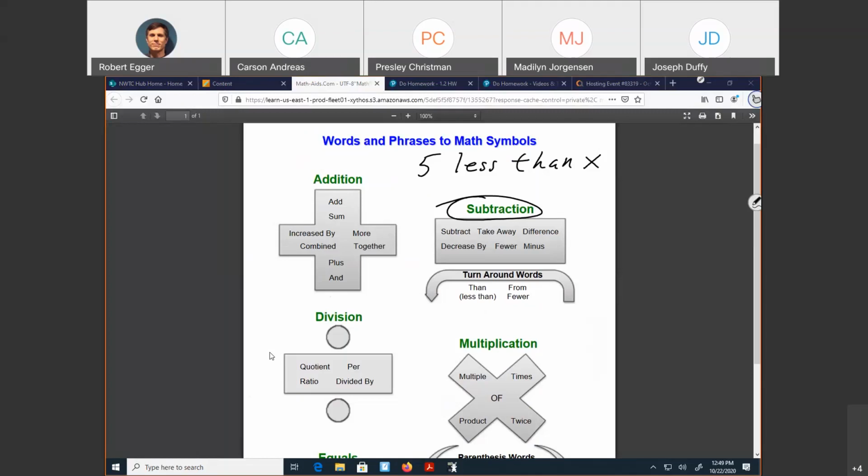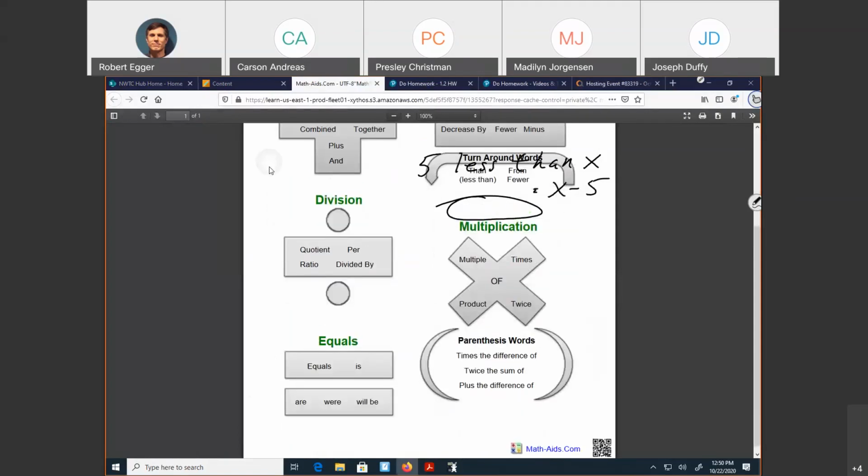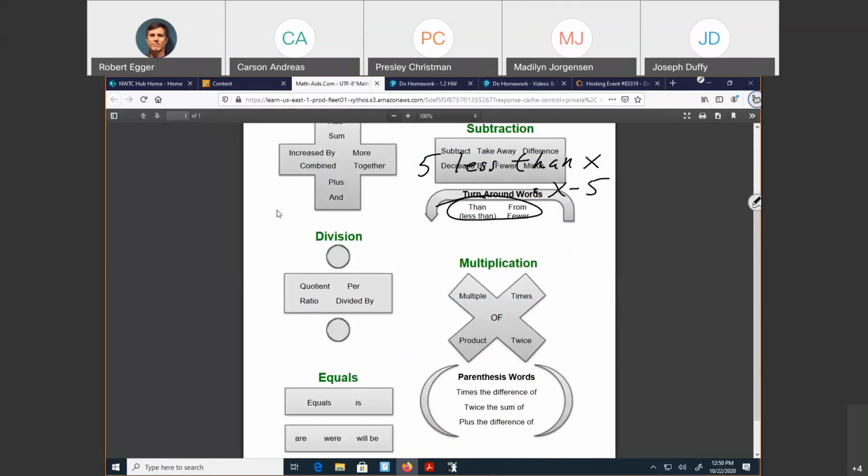Instead of 5 less than implying subtraction because we're going less, and the only way I get less is to subtract, the turnaround means it's not 5 minus x, it's x minus 5. Or 5 fewer than x. I'm going to take x and make it 5 less. So besides my hiccup words, these turnaround words can sometimes cause problems. Beware of that.